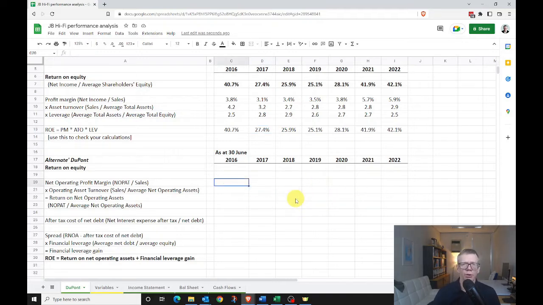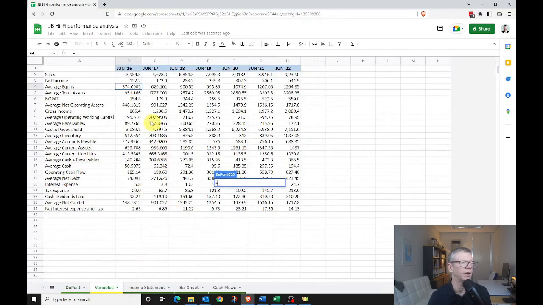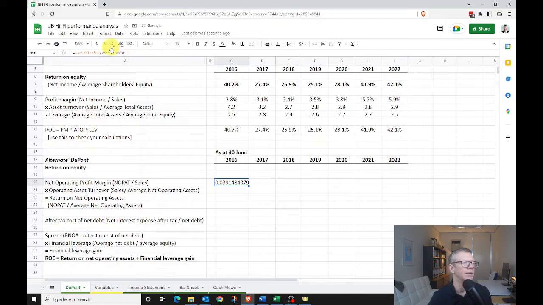So our profit margin measure, rather than using net income, is going to be using NOPAT, or net operating profit after tax. So we'll start off with net operating profit after tax divided by sales. Again, let's just get that in as a percentage. Our operating asset turnover differs from total assets turnover.